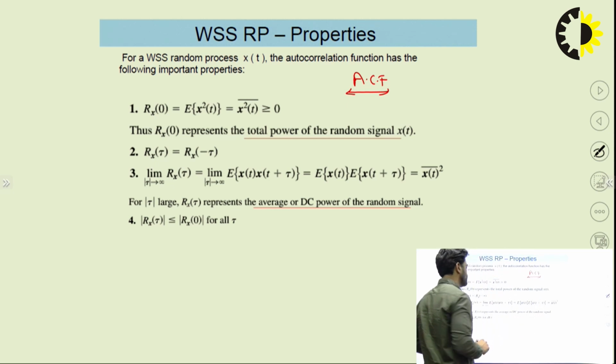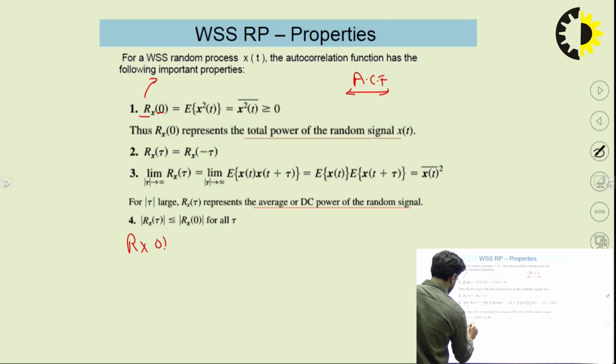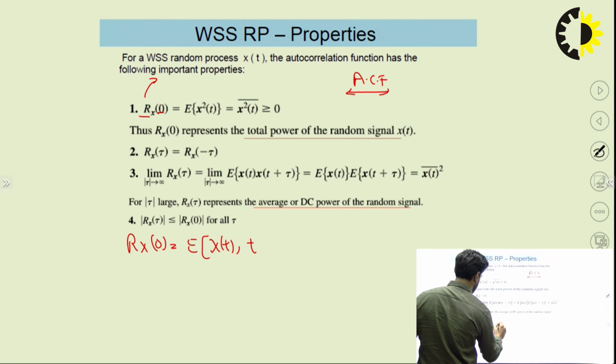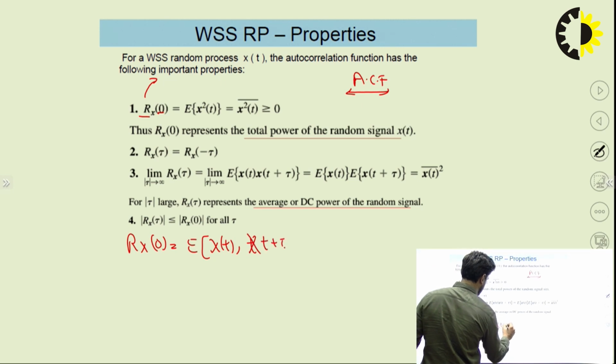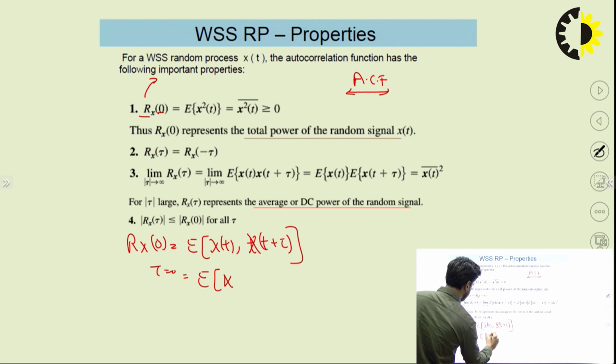Here capital R is the representation of the autocorrelation function, and when tau is 0, R_x(0) equals E[X(t) X(t + tau)], which becomes E[X^2(t)].